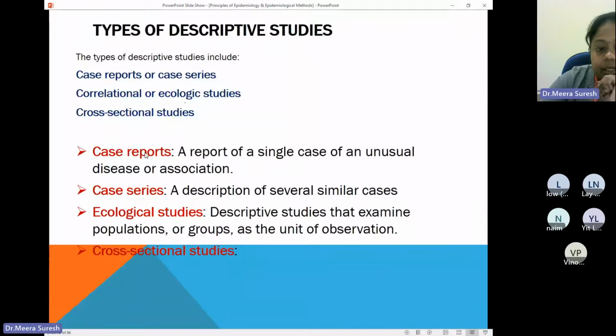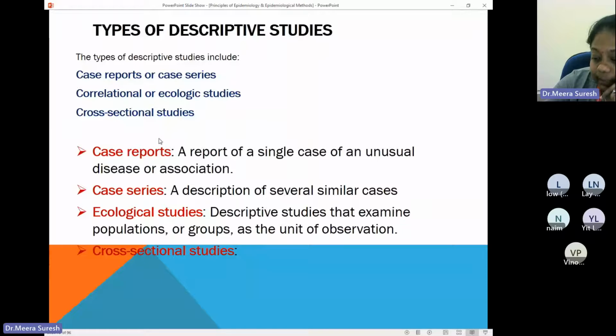So case reports will be a report of a single case of an unusual disease or association. For example, if you take PubMed or anything, you can see a doctor describing one single disease. Even if we take some homeopathy journal also, we can see a person describing one single disease like PCOS or a headache or whatever.